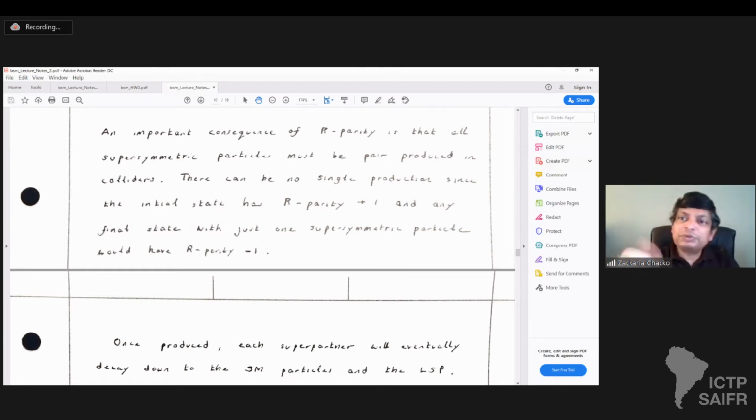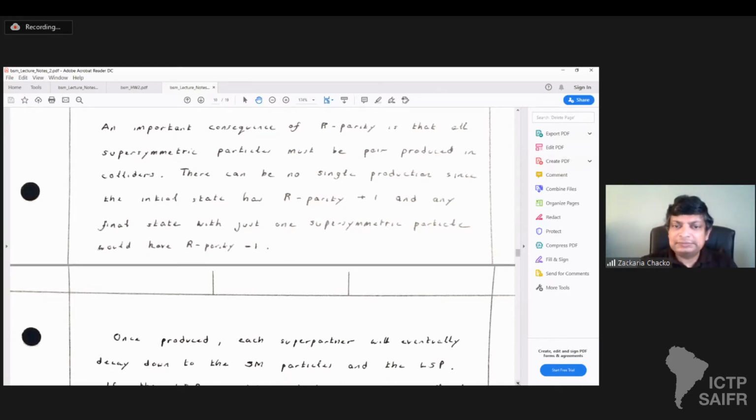And that means you can't produce just one supersymmetric particle, because then you'd end up with a final state that was R parity odd. So you must produce at least two supersymmetric particles. You can produce 2 or 4 or 6, but obviously kinematically 2 is preferred. And so there is no single production of supersymmetric particles in theories with R parity.